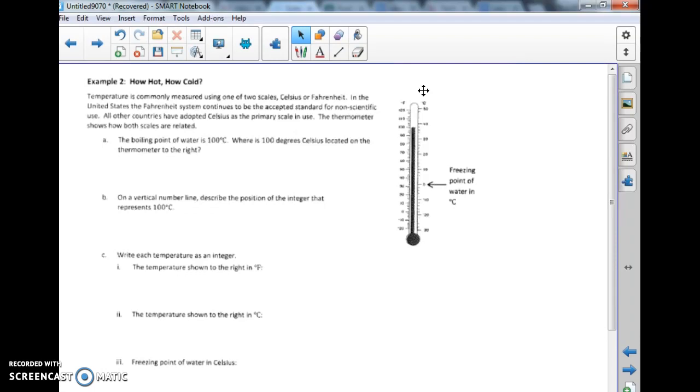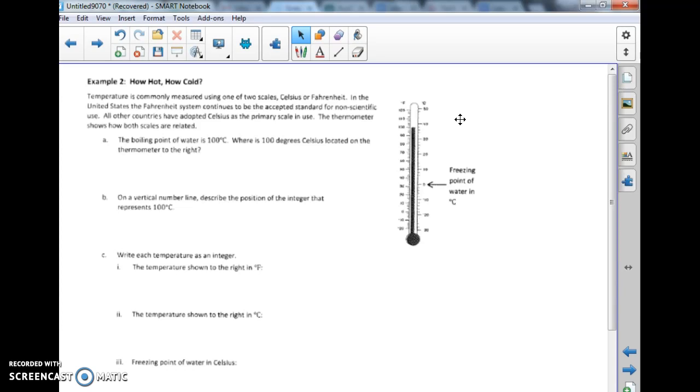Where is 100 degrees Celsius located on the thermometer to the right? I know it's a little bit blurry, but this is negative 20, negative 10, 0, 10, 20, 30, 40, 50. So this is the Celsius, so I need to be on this side of the thermometer. 100 degrees Celsius is actually not located on this thermometer, so it would be above 50. It is not on this current number line.